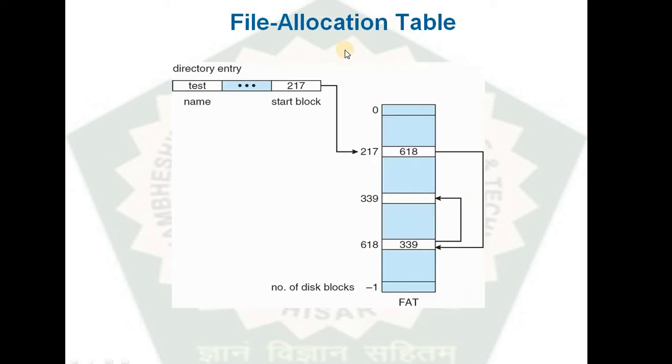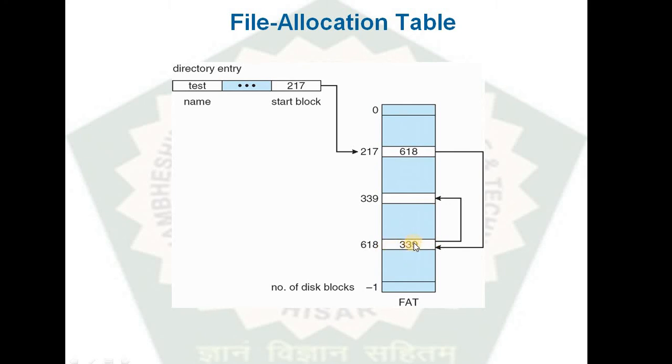One more example of implementing the linked allocation is by using the file allocation table. Here it is the directory entry of that particular file named test. The starting address is given, that is accessed on the secondary storage, and this 217 block contains the next address of the block, that is 618, that is accessed.